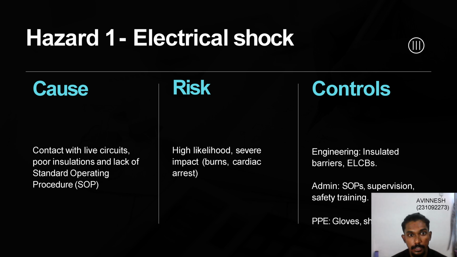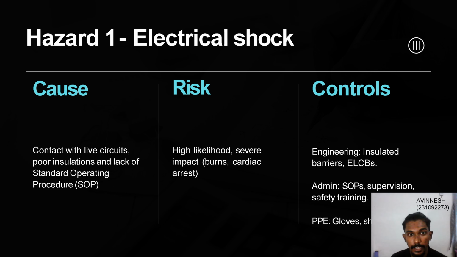To control this kind of hazard, we apply three safety measures: engineering controls like installing insulated barriers and proper earthing, which is installation of ELCB; administrative controls, which include strict SOPs and supervision; and wearing PPE, personal protective equipment, like gloves, dielectric shoes, and safety glasses.